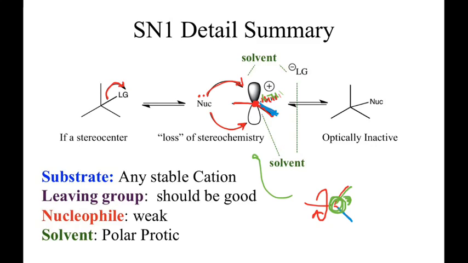If you look at an individual reaction, that means if we started with stereochemistry, we're going to lose it in our product, quote unquote lose it, because we'll end up with both the R and the S enantiomers around that position. Okay? So our product would end up being optically inactive.